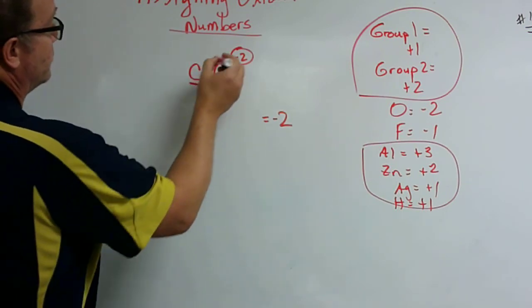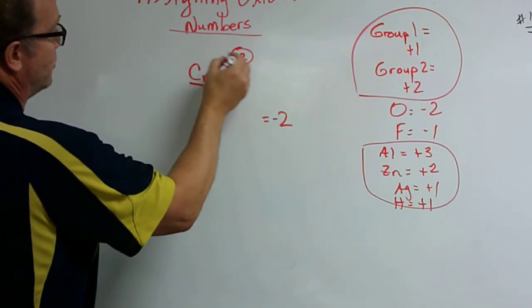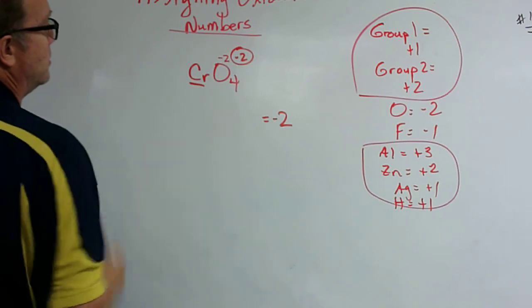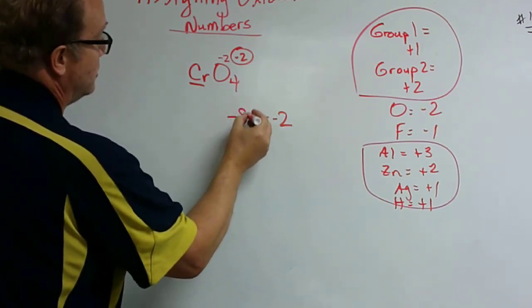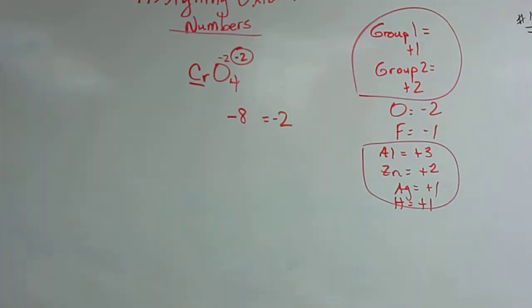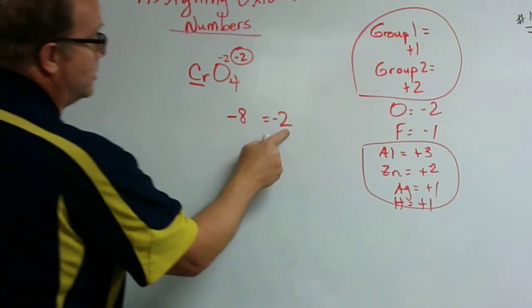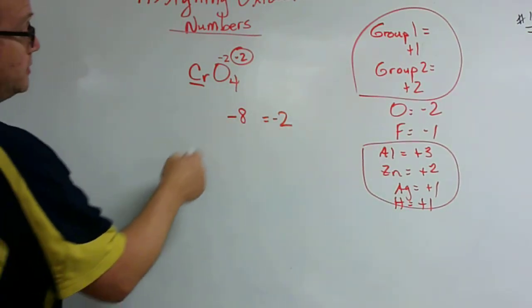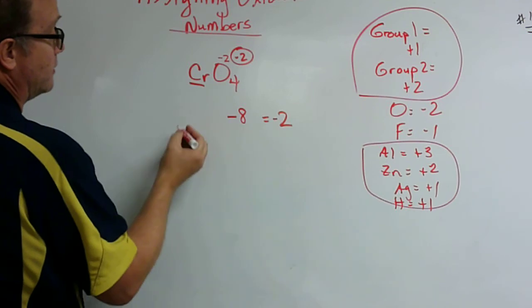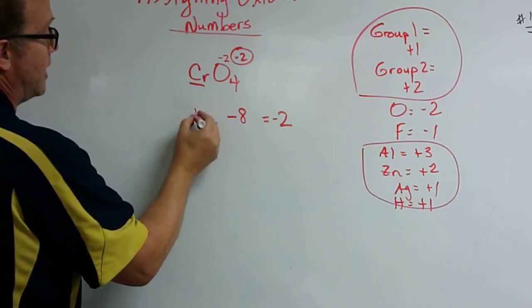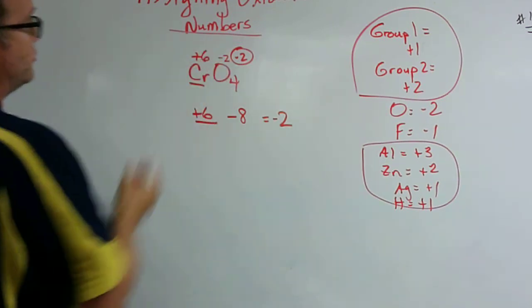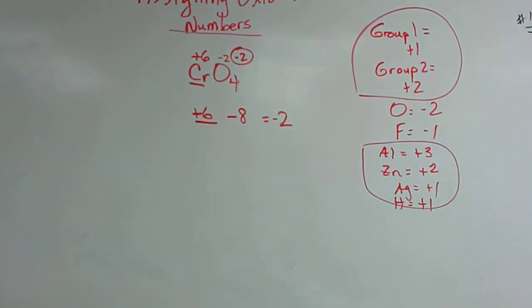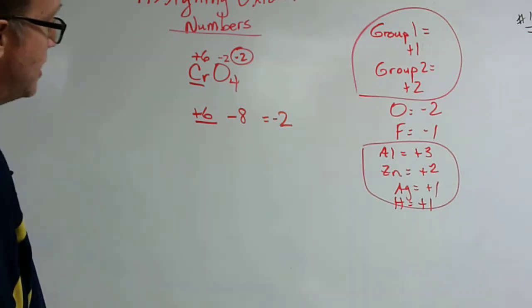Just be a little careful with this because that's the charge for the whole thing. We know that oxygen is going to be a negative 2, so that is equal to a negative 8. We have to look at the difference between these two numbers to figure out my positive. So if I'm going to make this correct, I have to put in a positive 6. So that is my charge of the chromium in a polyatomic ion.